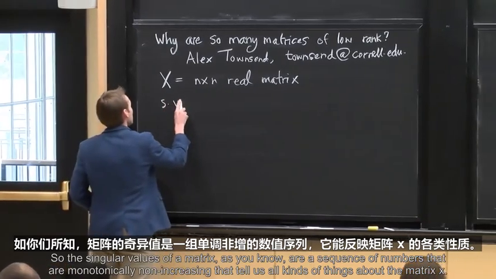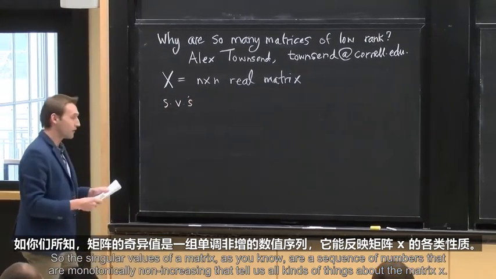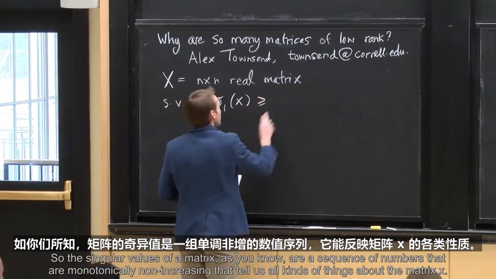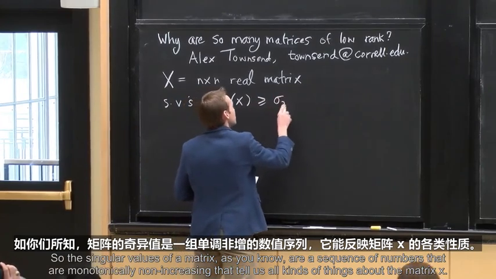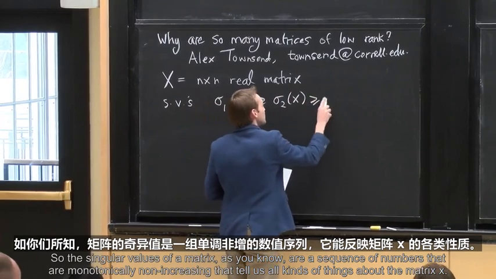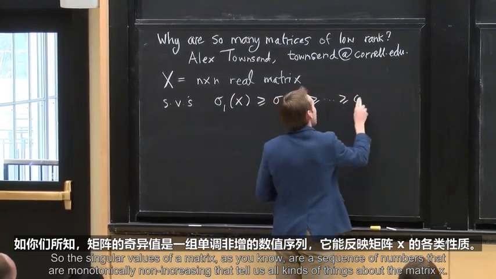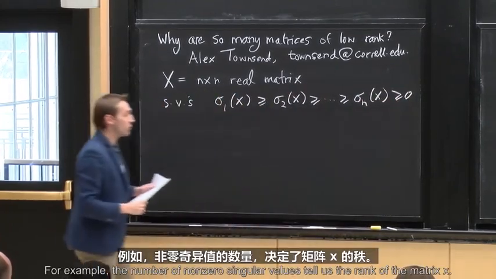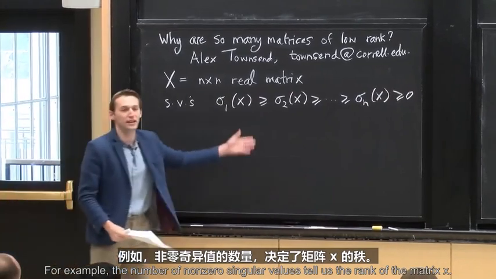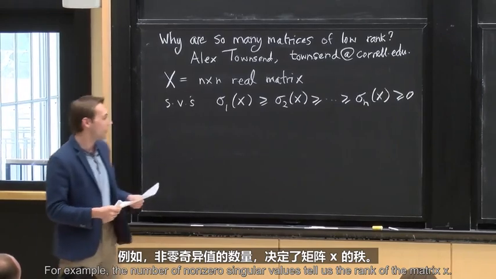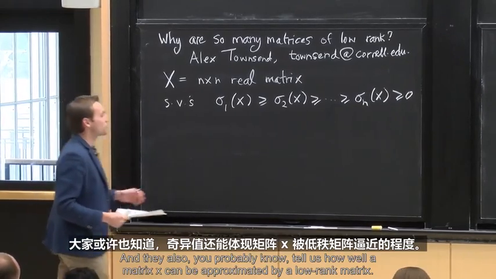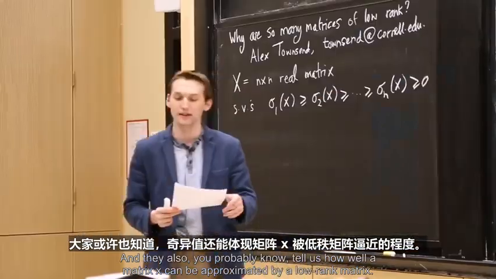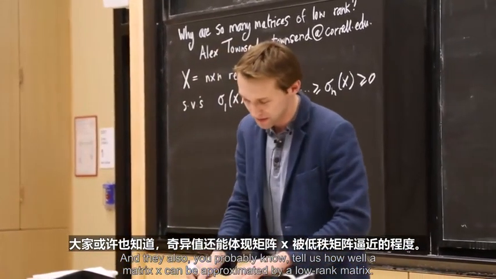The singular values of a matrix, as you know, are a sequence of numbers that are monotonically non-increasing, that tell us all kinds of things about the matrix X. For example, the number of non-zero singular values tells us the rank of the matrix X. And they also tell us how well a matrix X can be approximated by a low-rank matrix.